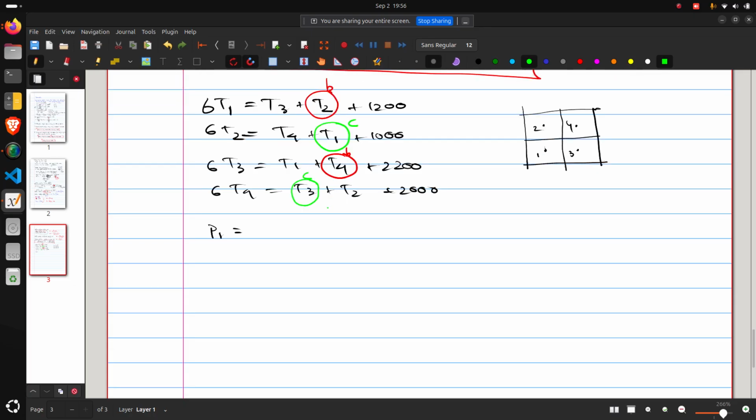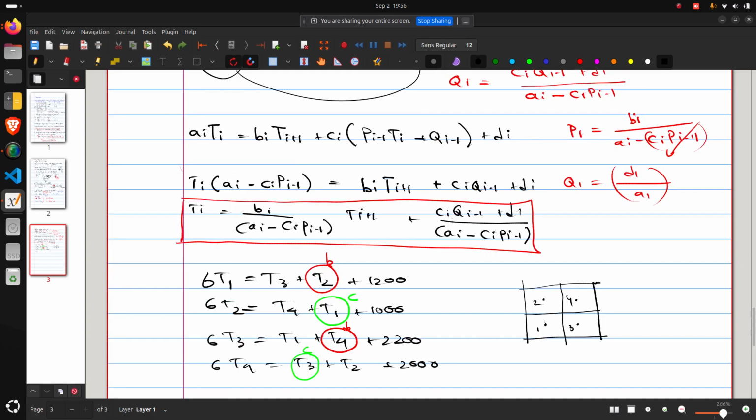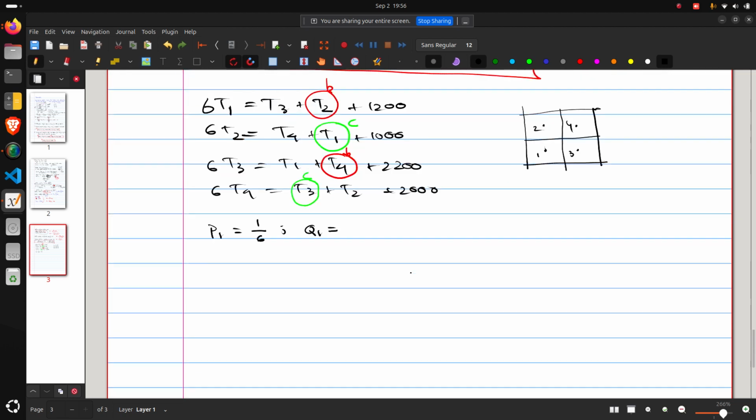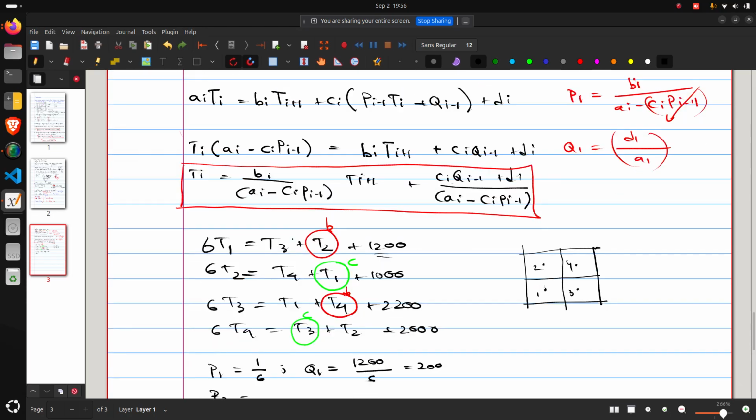Okay, so for P1 we have B by A. So B is 1 and A is 6, and Q1 is nothing but D1 by A. So here D1 is 1200, so 1200 by 6, how much? 200. Okay, now P2 is nothing but B2 by A2.